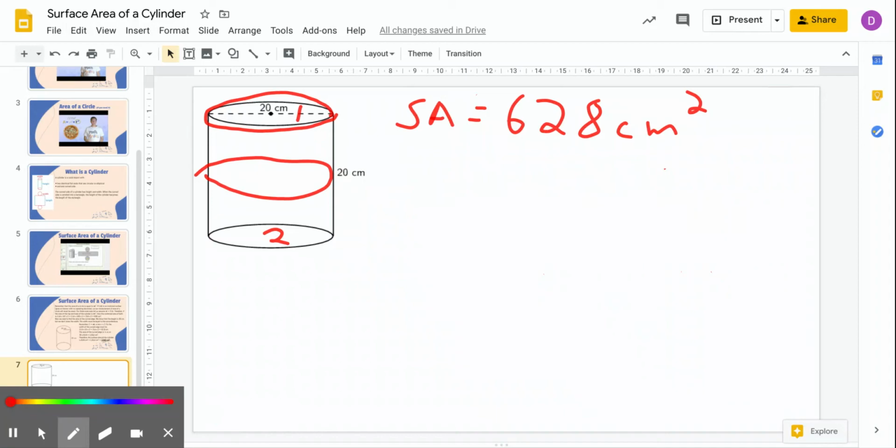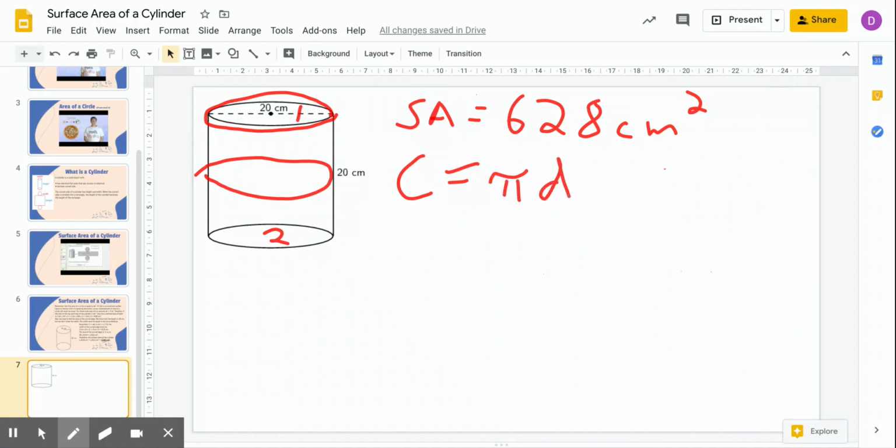And so to find the width, like I said, we need to find the circumference, and we know that the formula for circumference of a circle is pi times diameter. Okay, and diameter is 2 times radius, but we don't need to determine that because they already give us the diameter, which is 20.